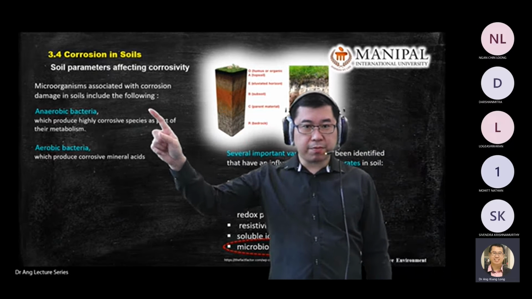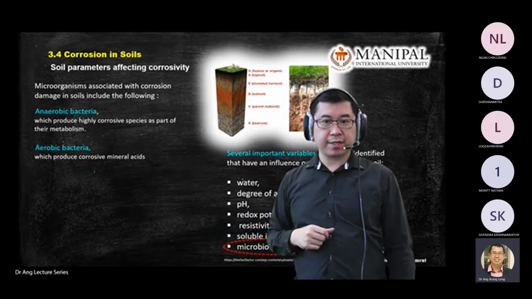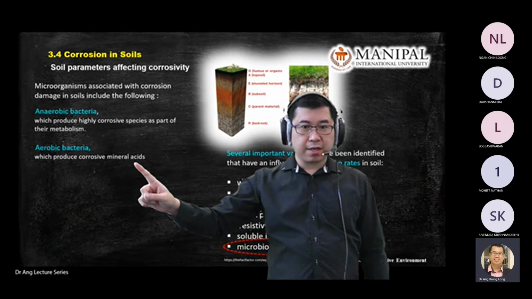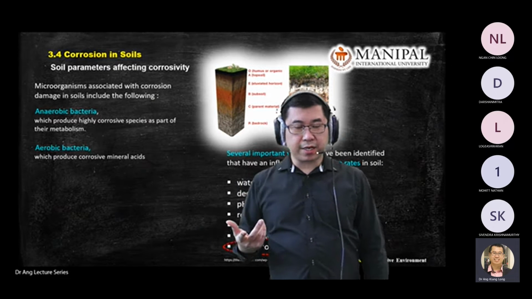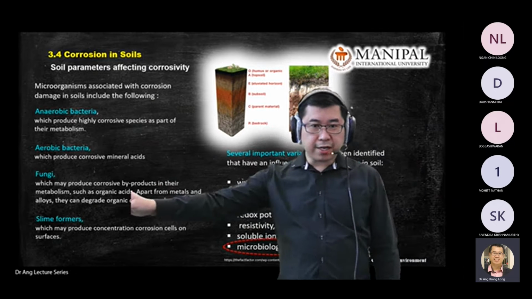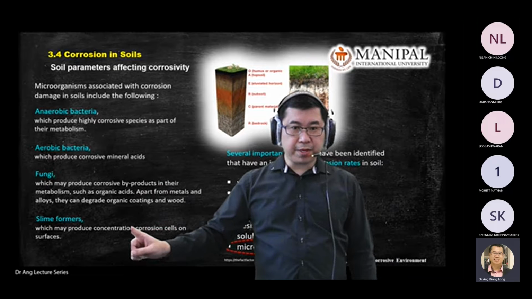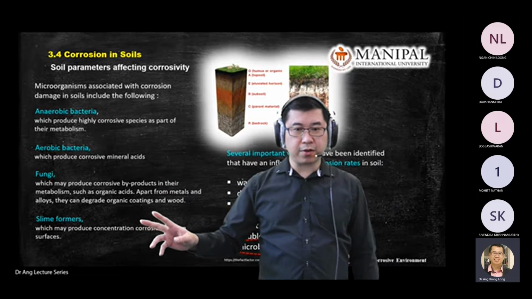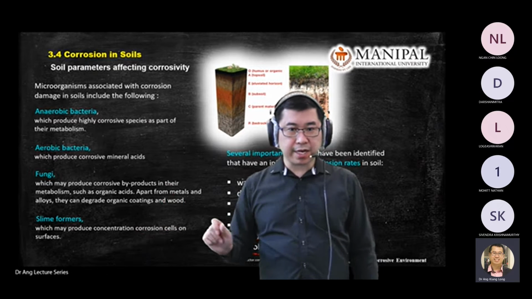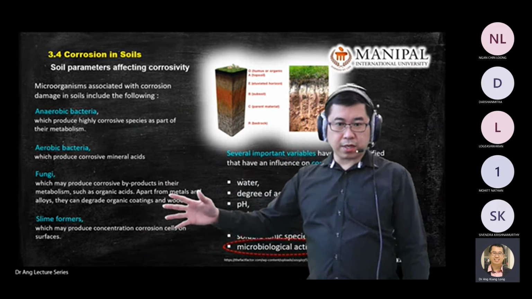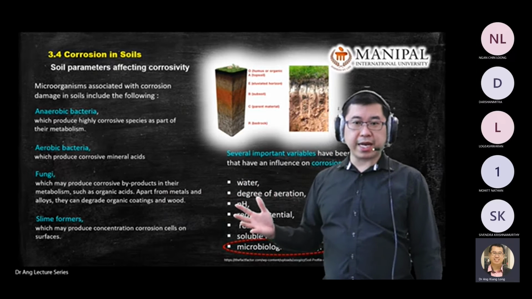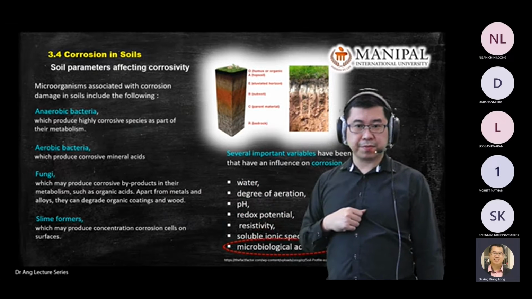One, you have anaerobic and aerobic, both of which create acidic solution or chemicals. Then fungus and slime formers. The slime former is the photo that shows you the yellow color on the ground. So you are going to create the corrosion element for the process.